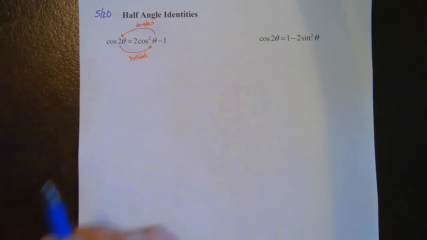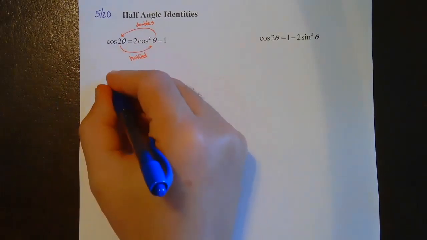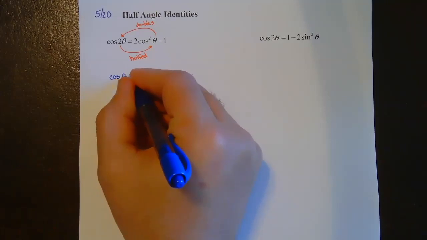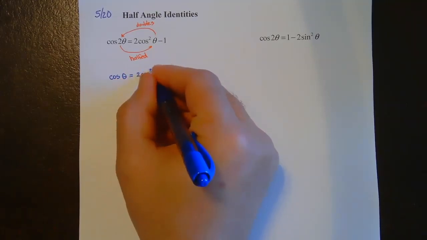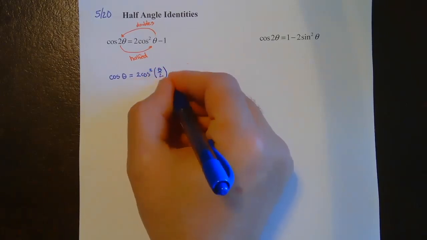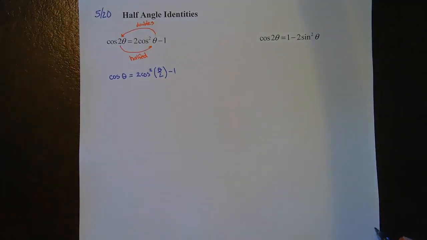So another way that we could write this is cosine of theta is equal to 2 cosine squared of theta over 2 minus 1. And that, folks, is how we're going to get the half-angle identities.